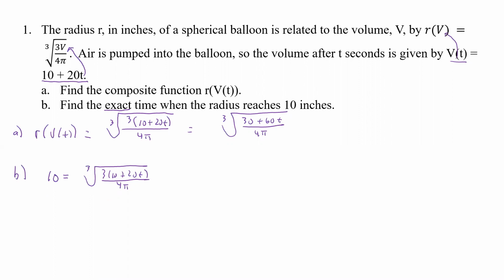Well, we need to get rid of this cubed root first. To do that, let's go ahead and show that on this first line. We're going to cube both sides. Now, when we cube a cubed root, basically that drops, and on the right, we just get 3 times (10 plus 20t) all over 4 pi.